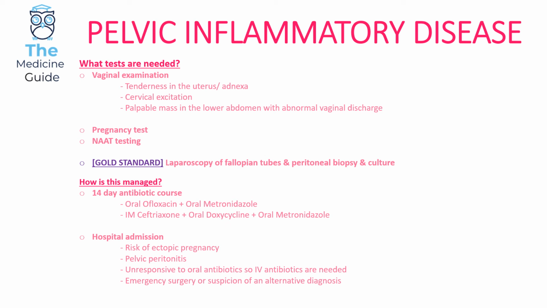Hospital admission for pelvic inflammatory disease is needed if there's a risk of an ectopic pregnancy, if there are signs suggestive of pelvic peritonitis, if the woman is unresponsive to oral antibiotics so IV antibiotics are needed, or if emergency surgery is needed, or if there's any suspicion of an alternative diagnosis. Okay.